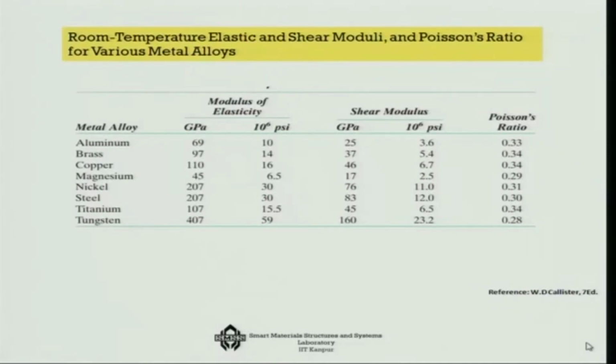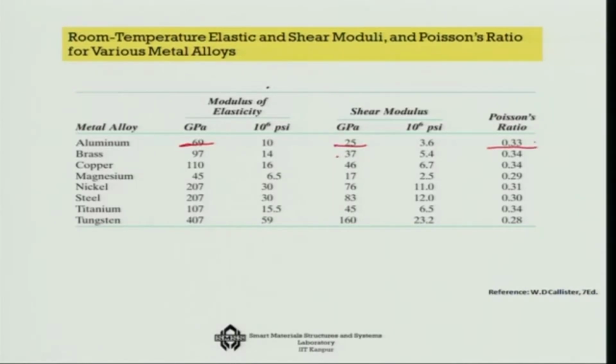In terms of the absolute values, once again I have given values from Callister here, just for reference. For example, if you consider aluminum, the modulus of elasticity is approximately 70 gigapascal, the shear modulus is approximately 25, and the Poisson ratio is approximately 0.3.